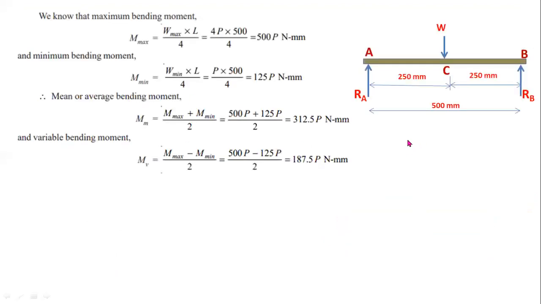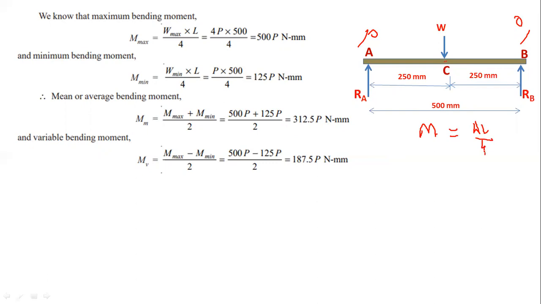Now, already we know the formula for maximum bending moment, or bending moment at point C. Bending moment at A is 0, bending moment at B is also 0. Here the bending moment at C is the maximum. So the formula for maximum bending moment at C equals WL by 4.